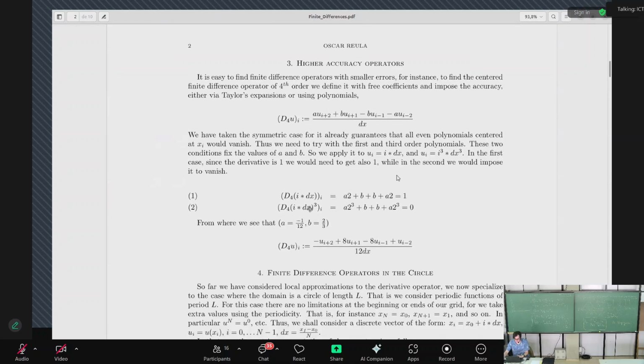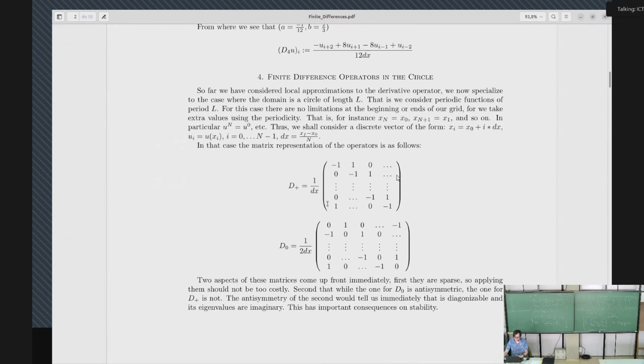Okay. So we have our operator, which in this case will be this one here. This is the operator that we are using, the second order operator. This is this matrix here, which takes one point: after we want to find the derivative of point y, we take y plus 1 and y minus 1.